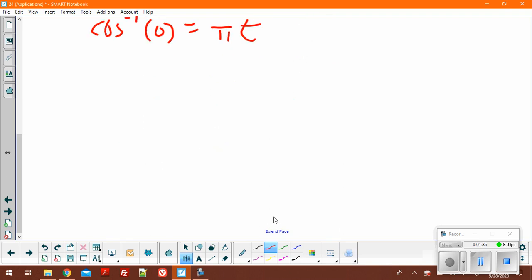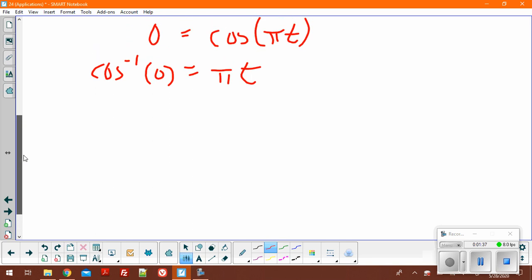For cosine inverse of 0, your calculator will probably give you pi over 2 right away, which is 90 degrees. The other option is 270, which is 3 pi over 2. That's 360 minus, which is also a solution when you do cos inverse.